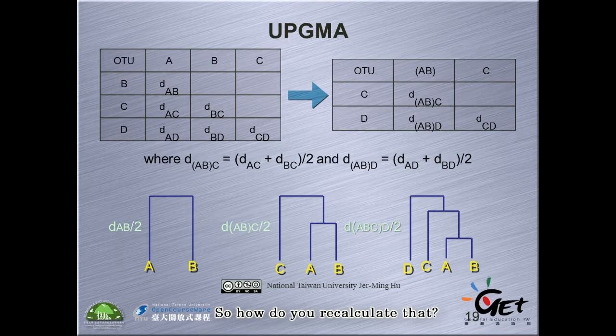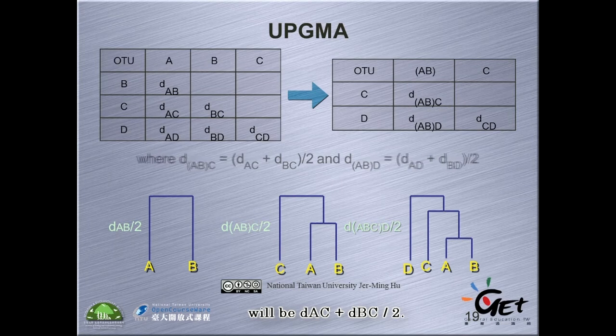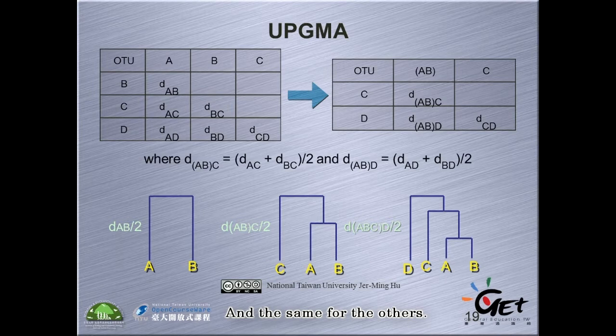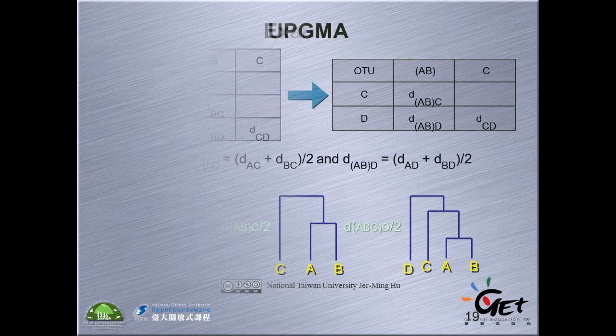So how do you recalculate that? The new distance between (AB) and C will be D_AC plus D_BC divided by 2, and the same for the others. A very simple way to recalculate the distance, and you just repeat the process again and again until you resolve all the relationships between the sequences.